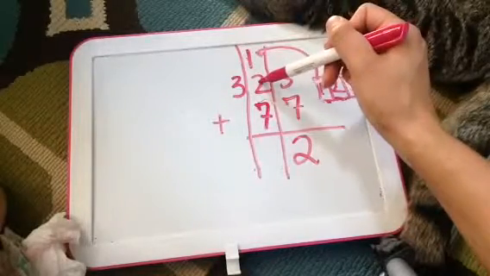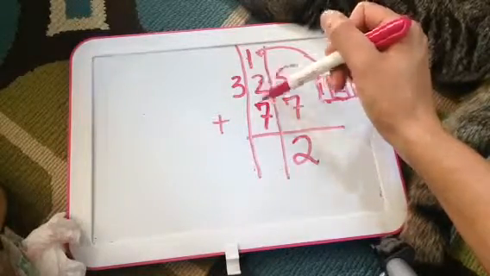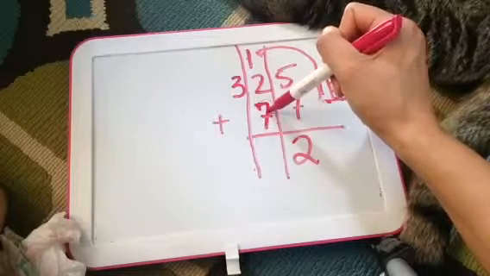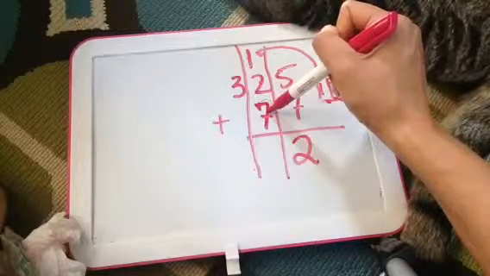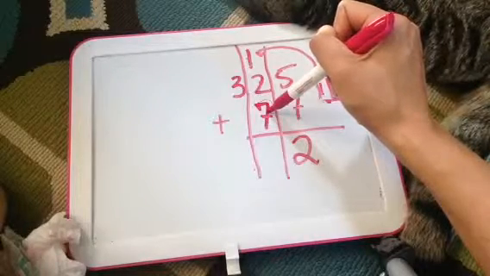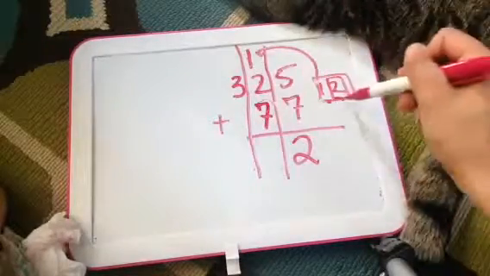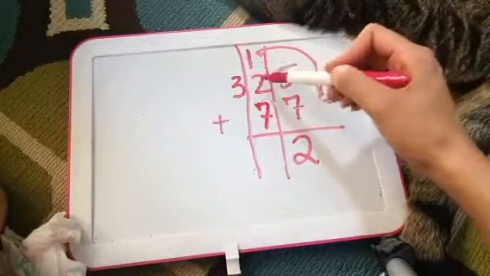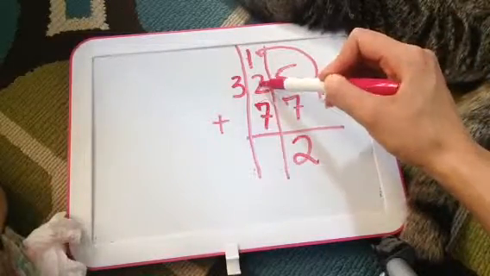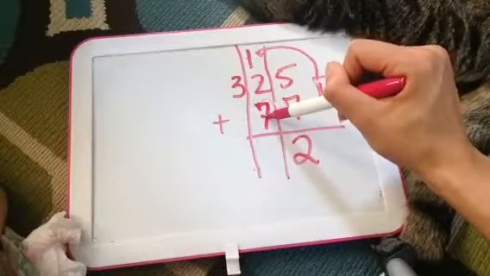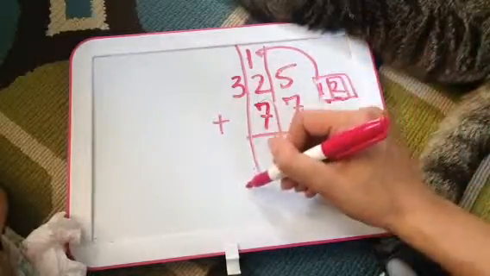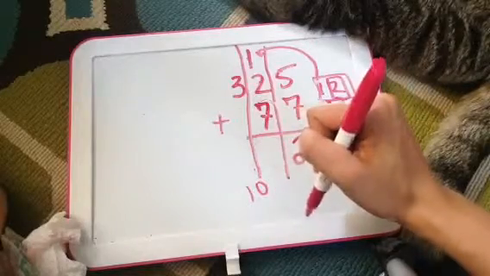1 ten plus 2 tens is 3 tens. 3 tens plus 7 tens is what? Now here's a tricky one, right? So do what we did right over here. 1 ten plus 2 tens is 3 tens. 3 tens plus 7 tens, or 3 plus 7 is 10, right?